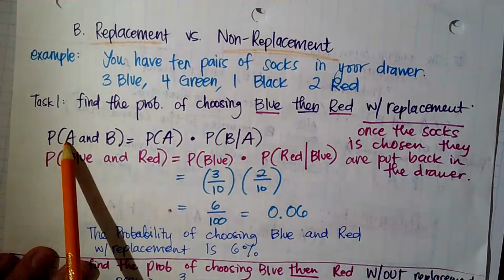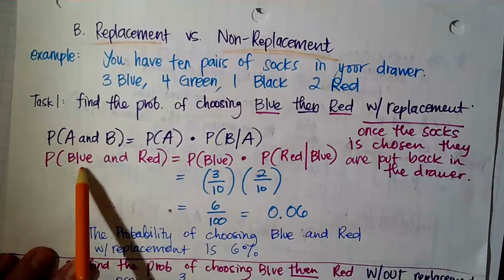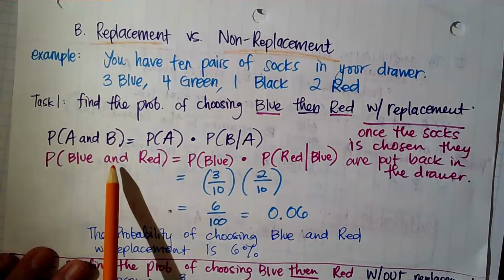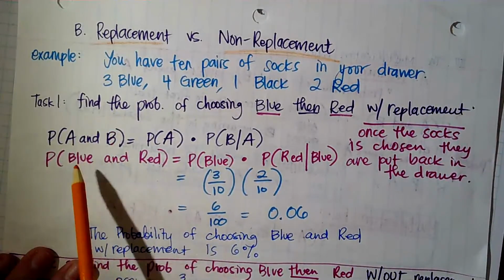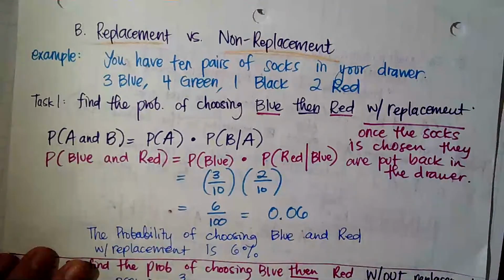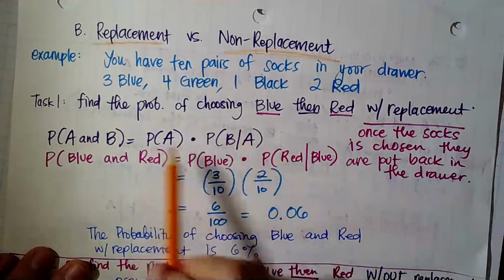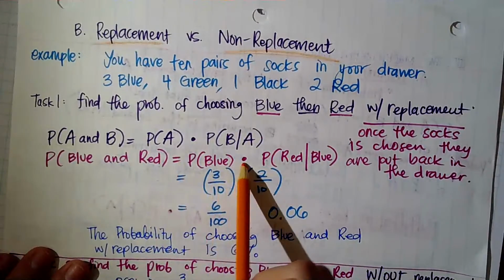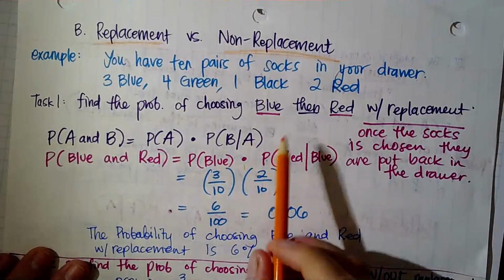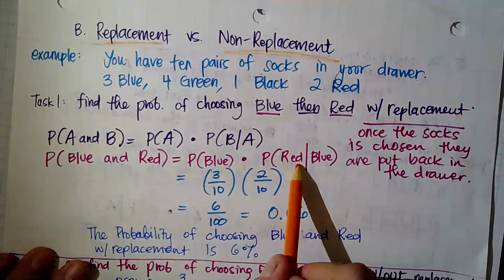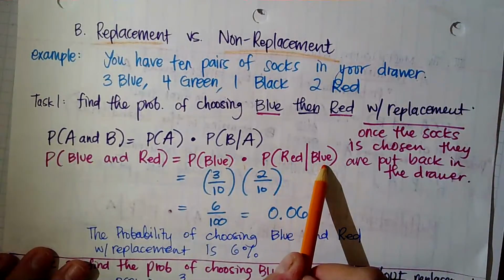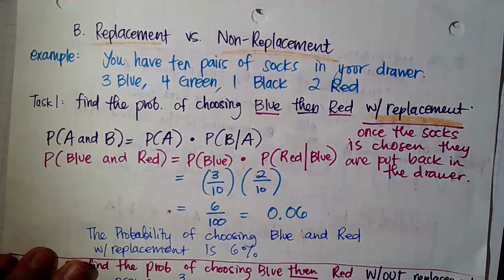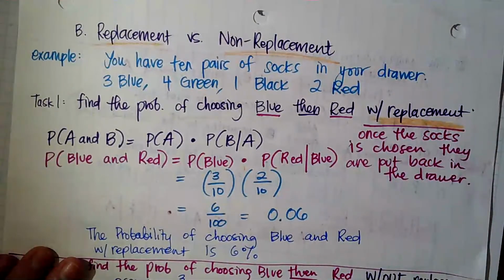I'm letting A be the choosing of a blue pair of socks, and event B be the choosing of a red pair of socks after blue. That's the new notation P of A and B. So I must first find the probability of choosing a blue pair of socks, then multiply that by the probability of choosing a red pair of socks after I already chose the blue pair. But this is with replacement, so this is really important. Let's talk about what happens there.